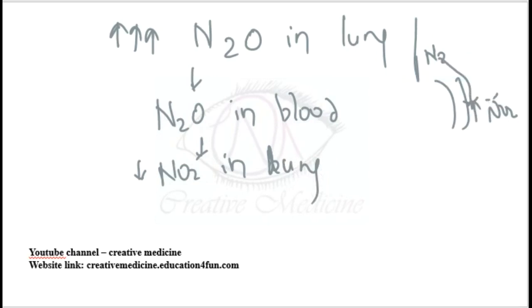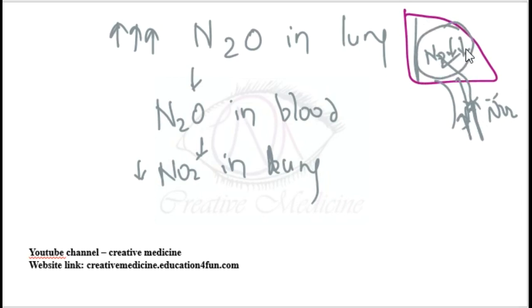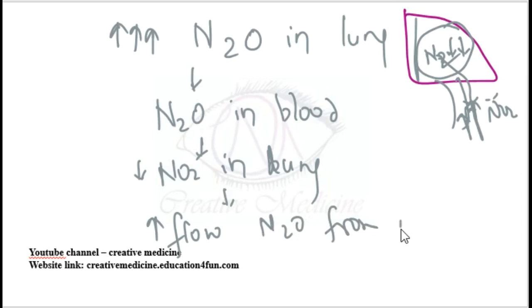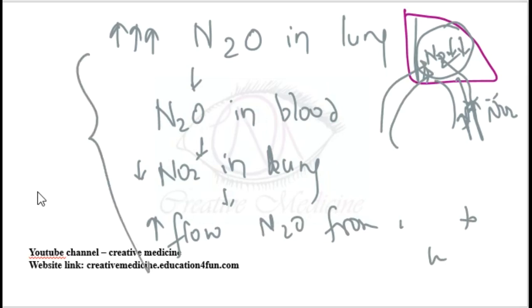As a result, there is increased uptake of nitrous oxide in the blood, and decreased concentration of nitrous oxide in the lungs. So overall, there will be increased inflow of nitrous oxide from the machine. Because of this increased inflow from the machine, we see the augmented inflow effect or concentration effect.